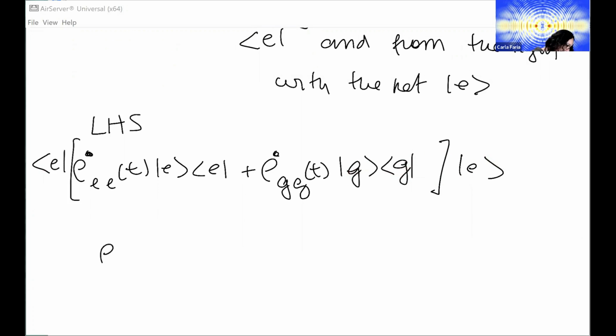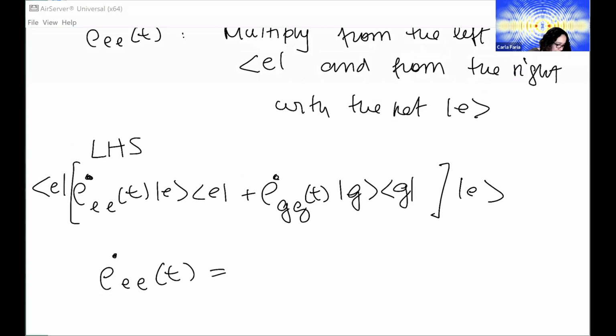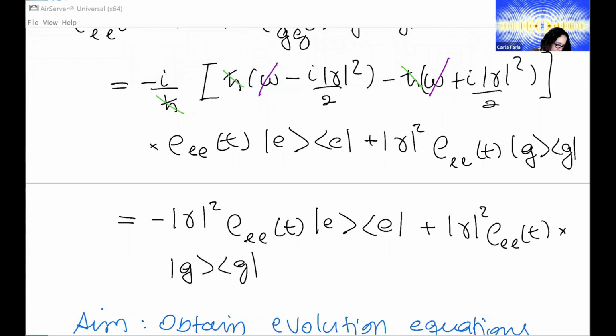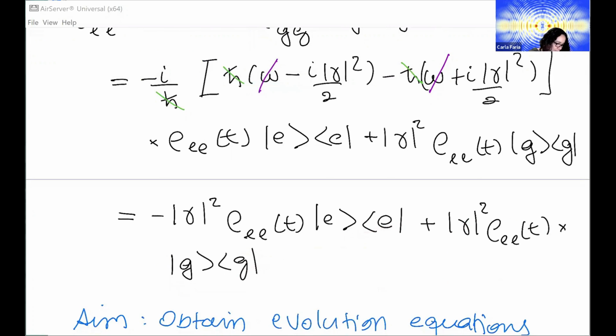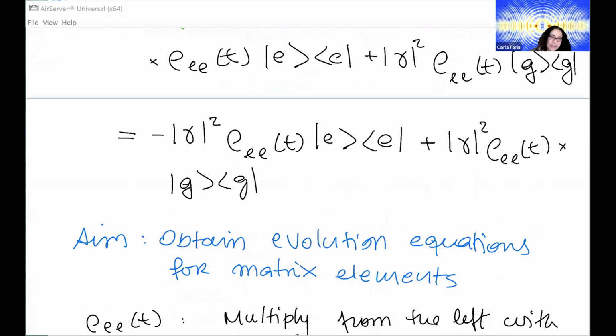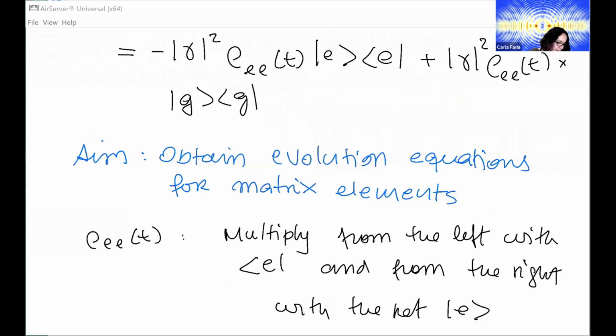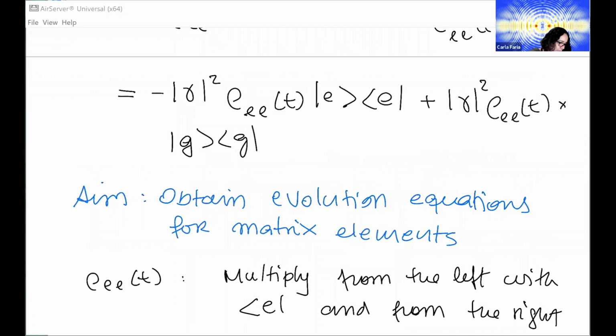So I end up with rho E T equals, and now for the right-hand side, this term is going to vanish because you're going to have then things coming from the left and from the right on this projector, which is clearly orthogonal.